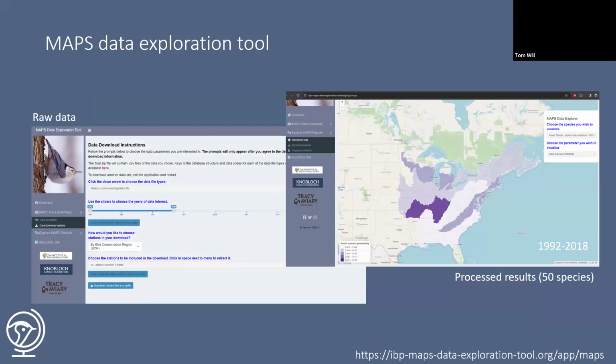More recently, we developed this MAPS data exploration tool, and this is sort of version 1.0. Actually, I was just playing with it the other day before coming in here. Some of the process results, something's gone a little haywire, but most of it works.